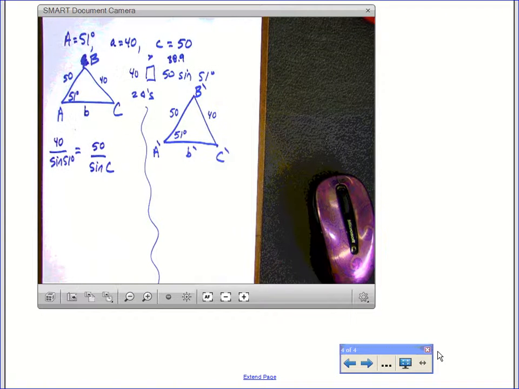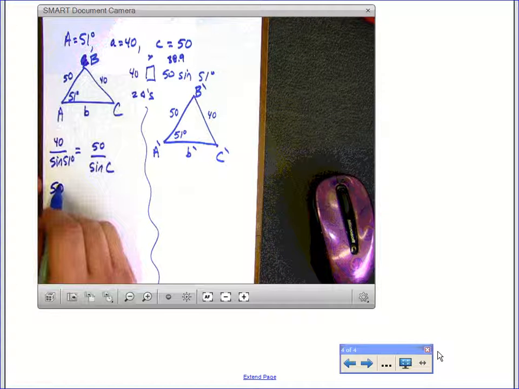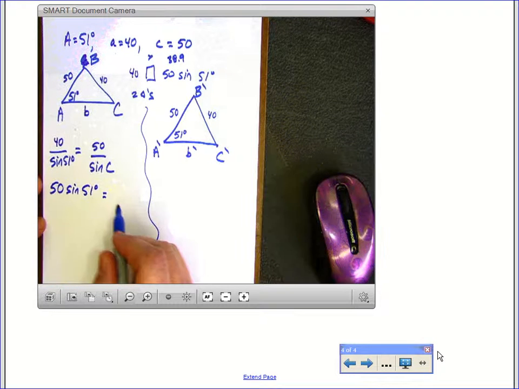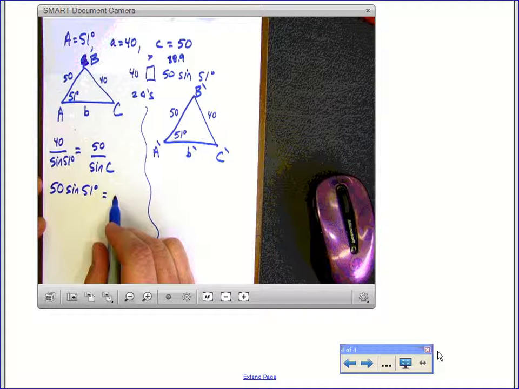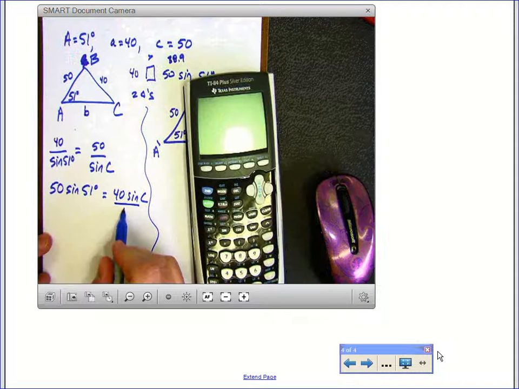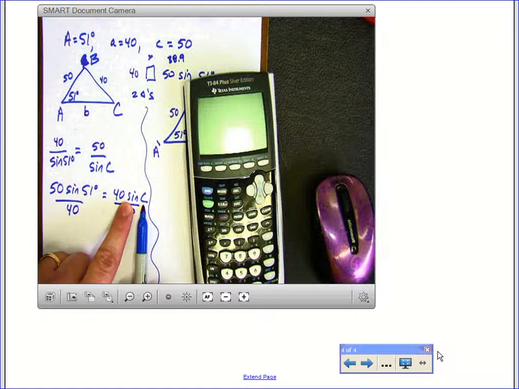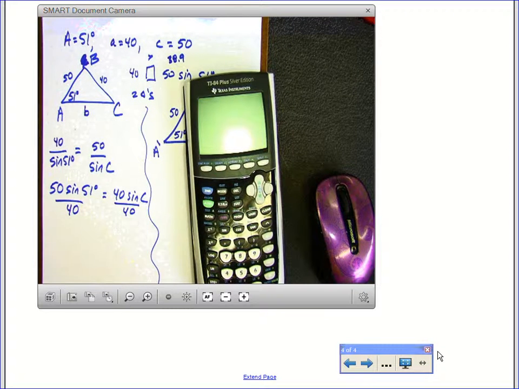Now let's cross multiply. 50 times sine of 51 equals 40 times sine C. Now y'all help me from there. Divide by 40. Now that's not going to be the answer, is it? That's going to be the sine of C, so we're going to have to take the inverse of whatever that number is.